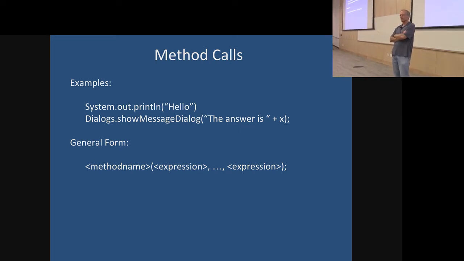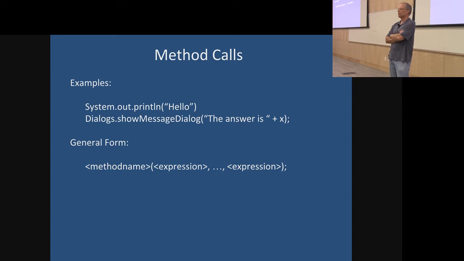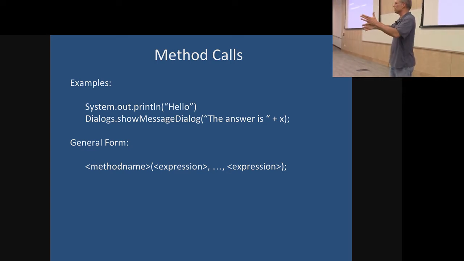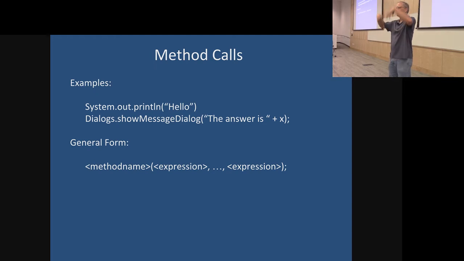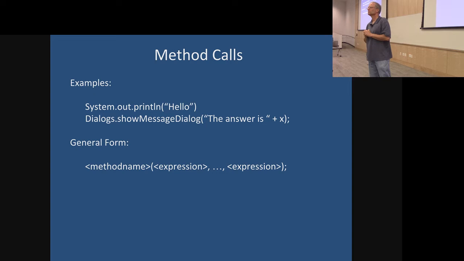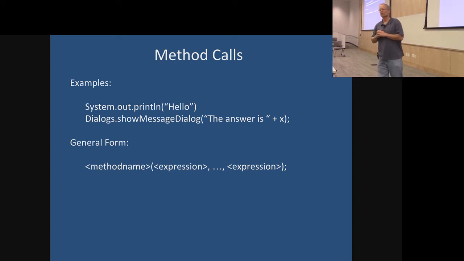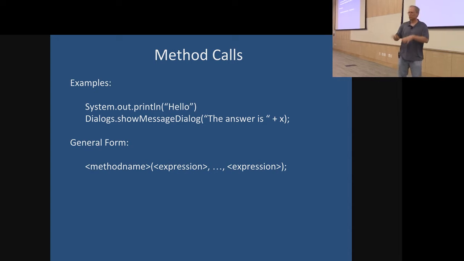So it doesn't make sense. Would it make sense to have a statement that was just 2 plus 2, semicolon? You're adding 2 and 2, but you're not doing anything with the answer, so the statement doesn't do anything in that case. It just creates a number that gets thrown away. Same thing with a method call. The only method calls that make sense to use as statements are ones that have some side effect, like printing or displaying. Yes? No, 2 plus 2 semicolon wouldn't compile because the compiler can tell that there's no side effect.